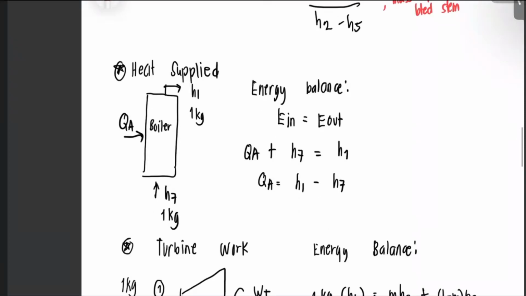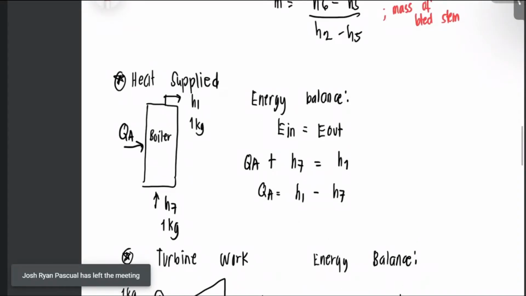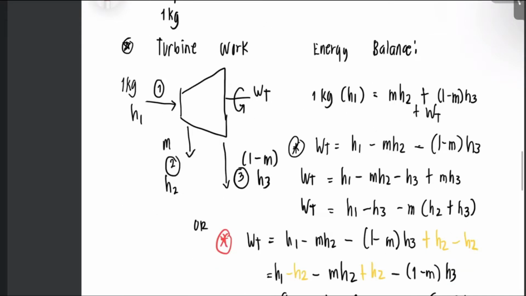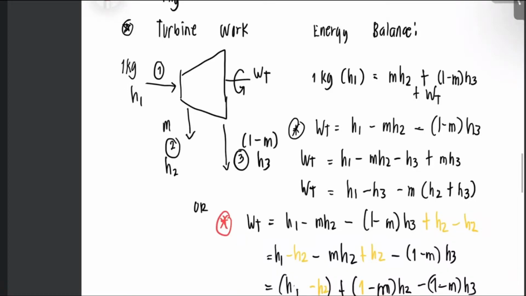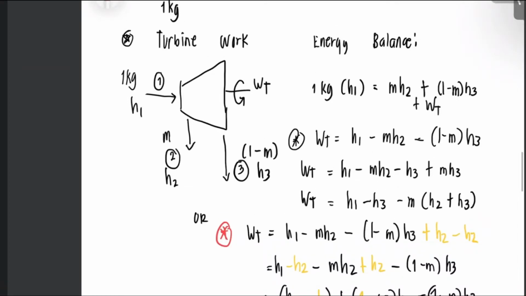Okay? So, the heat supplied now, considering 1 kilogram, so equal naman siya class in the boiler. So, H1 minus H7, energy balance lang. In the turbine work, ayan na, malami-lami. So, considering yung 1 kilogram natin, highlight na lang tayo.